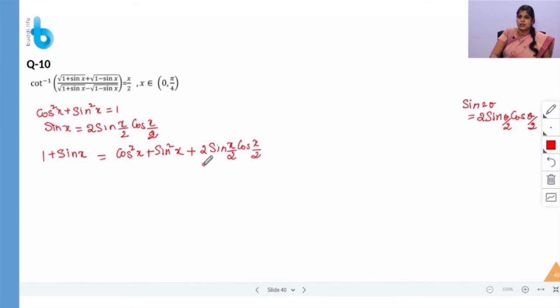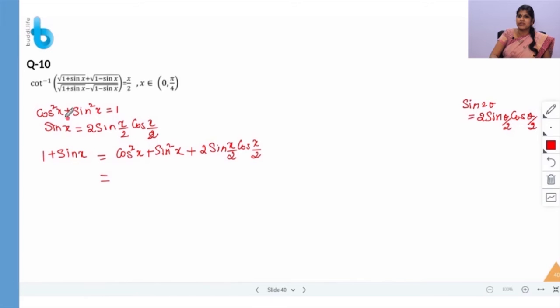Now just take a look. This is in the form of a plus b the whole square. See, your a is cos x and b is sin x, and 2ab is 2 sin x by 2 cos x by 2. But here we have x by 2 in this case, but we have x in this case.